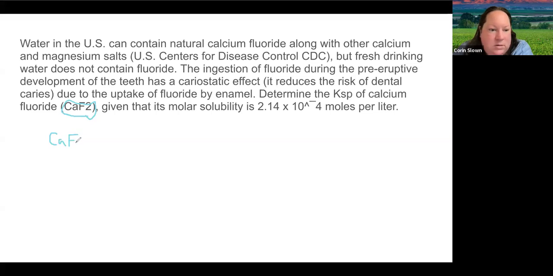CaF2, when it's added to water, is going to solubilize into Ca2 plus, that's the aqueous ion, and 2F minus.